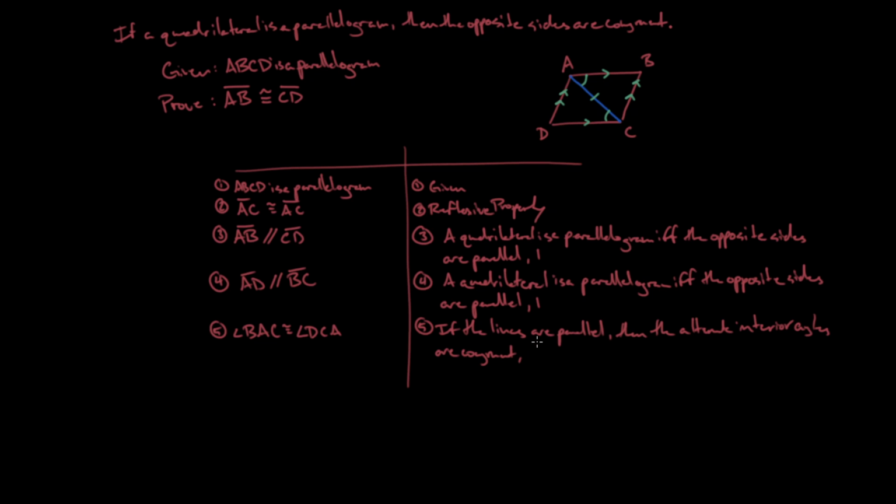And so I just got to be careful with what I cite here. So BAC is on line AB. So I'm going to cite 3 versus the next pair of angles I'm going to talk about. I'm going to cite the other pair of lines.